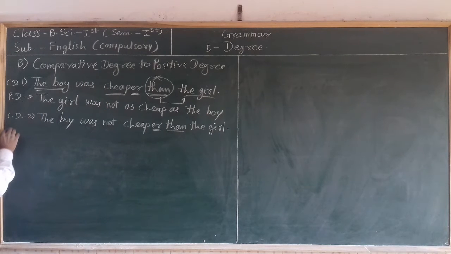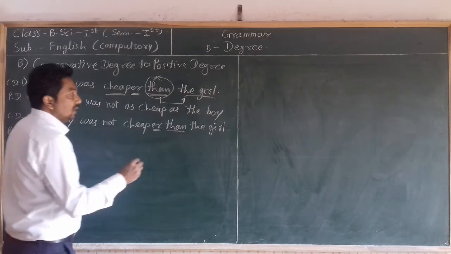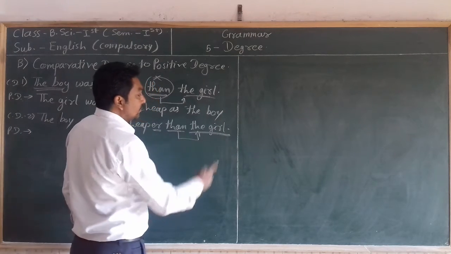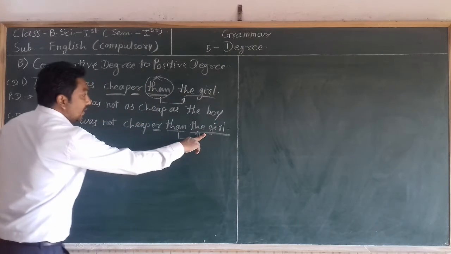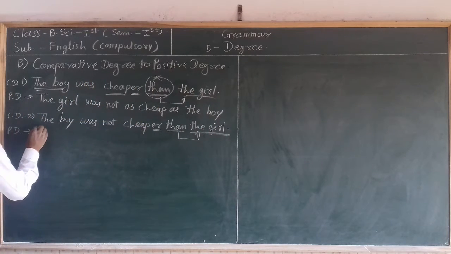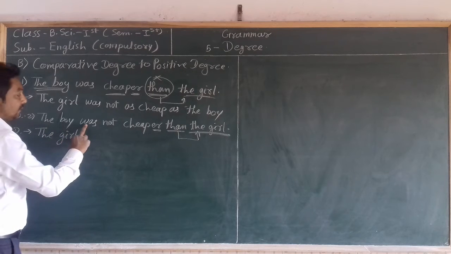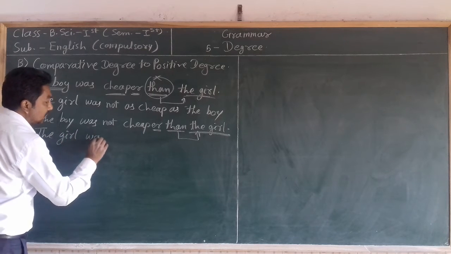So if you want to transform this sentence into positive degree, first see what is given after than. There is given the girl. This is the object of comparative degree. Take it as the subject of positive degree, the girl. Then take the helping verb as it is.